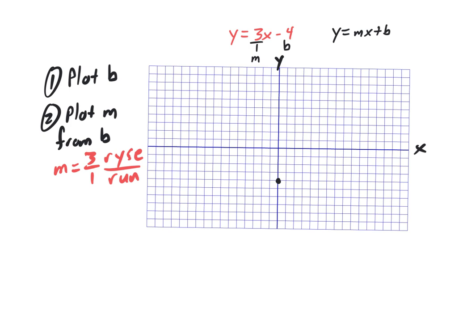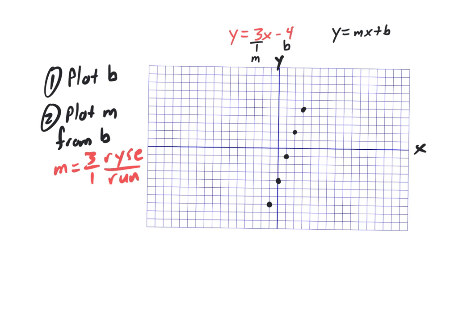That helps me remember that I'm going to go up 3 first from this point, and then go over 1. One of the nice things about using slope-intercept form and my slope here is I can do that as many times as I want. I can go up 3 over 1, or down 3 and left 1, as many times as I want. It doesn't matter what direction I go. I can put an infinite number of points on here.